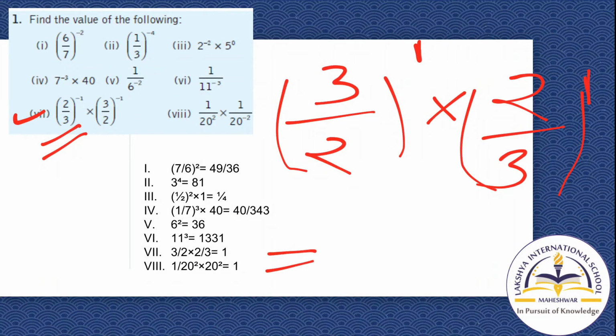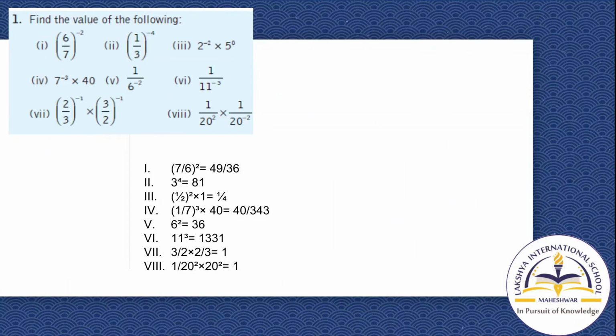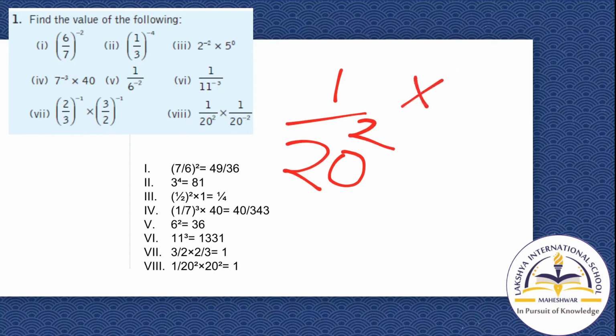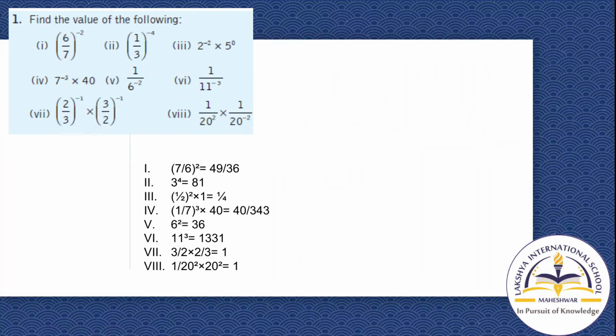Now 3 twos are 6, 2 threes are 6, 6 by 6, 1 time, so 1. Now question number 8. 1 by 20 to the power 2 into, now you have to make them positive. So we have to write like this. This will cancel. Answer will be 1.